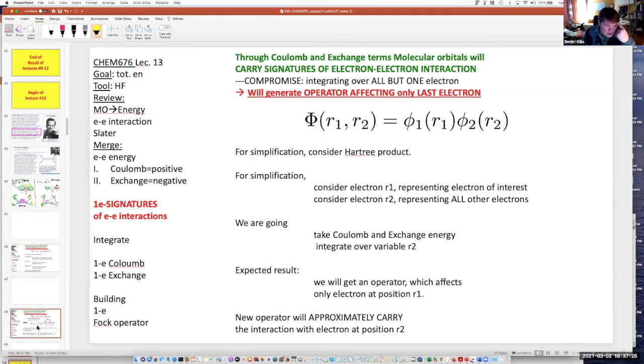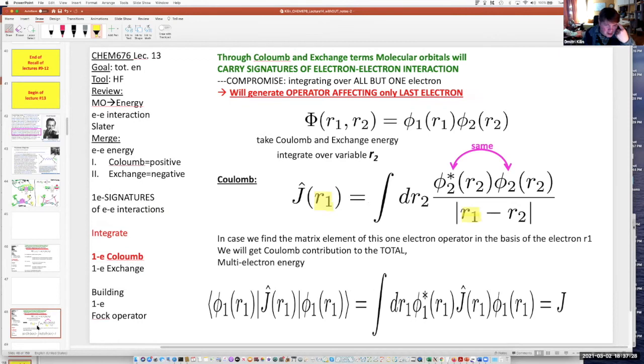So when we were practicing partial integration, not over all degrees of freedom, but only part of degrees of freedom.